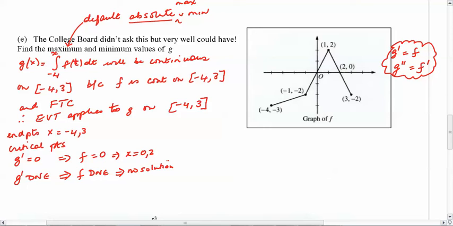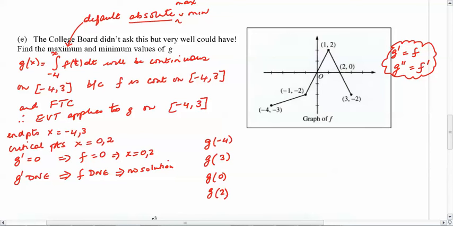So my only critical points are x equals 0 and 2. So we now come to the bit where we are showing that we're using the EVT. We're going to do g at my endpoints, g of -4, g at 3, g at 0, g at 2.